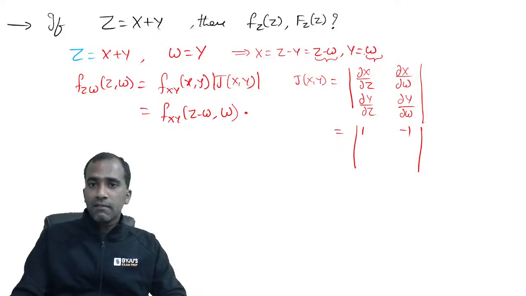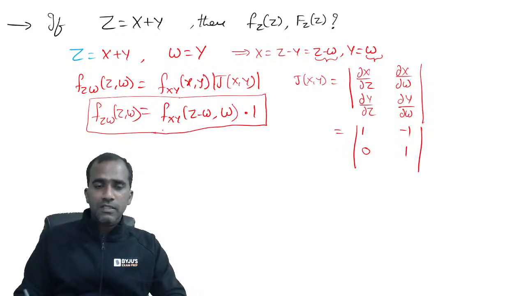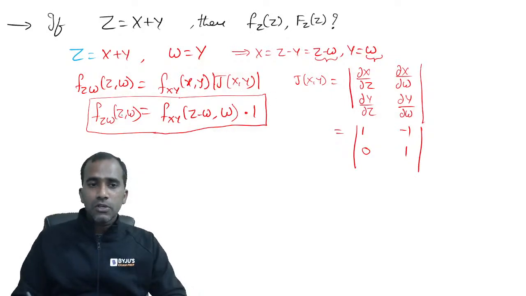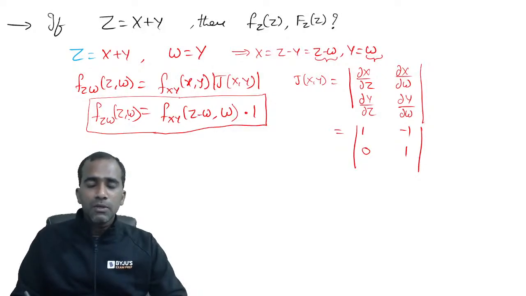And y differentiated with respect to z becomes 0, and with respect to w becomes 1. So if you take the det, it becomes 1. So that is the relation between f_ZW of z comma w and f_XY of x comma y. If you know the joint density function of X and Y, from that you can get the joint density function of z and w. But we are not interested in the joint density function of z and w because there is no such random variable w given in the problem.